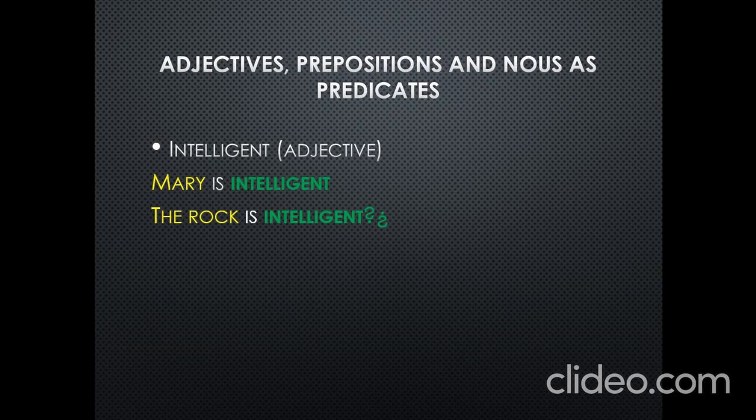But what happens in terms of meaning? Remember that this is an explanation based on a semantic approach. So in terms of meaning, does it make any sense that a rock can be intelligent? It does not. It does not at all. So that's why we say that the predicate also determines the type of arguments of the sentence to be meaningful.